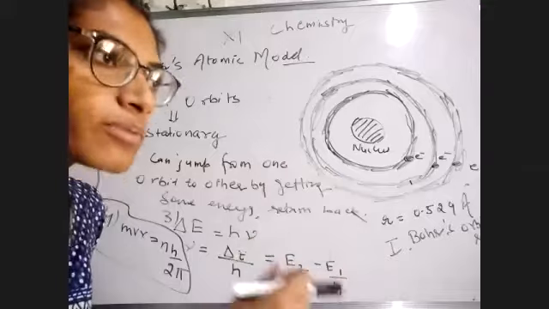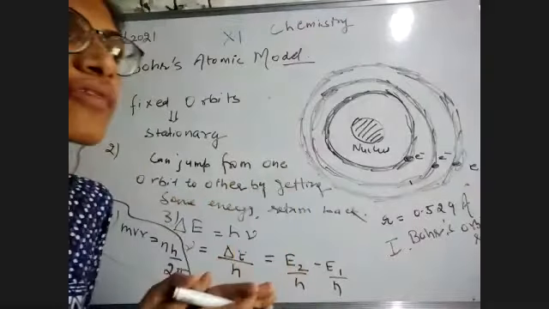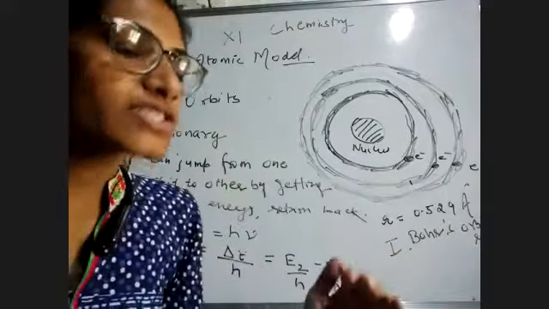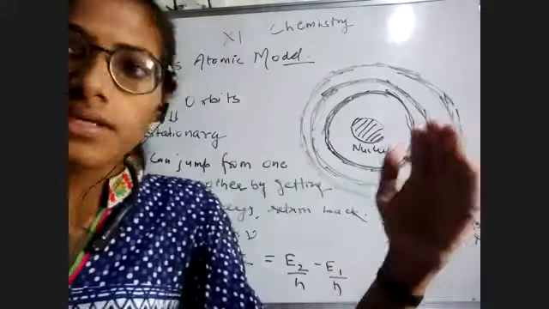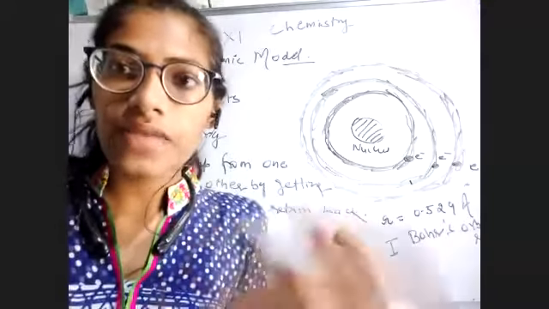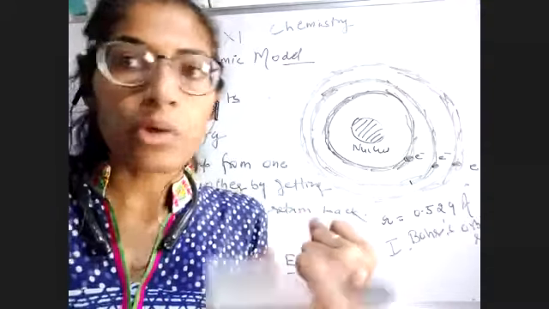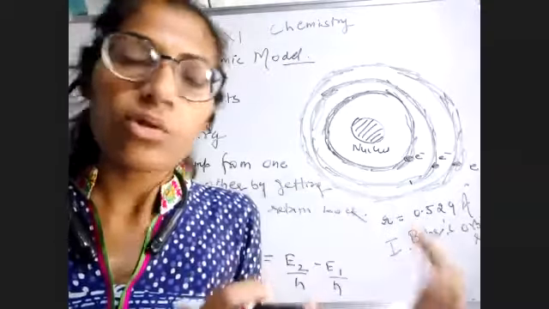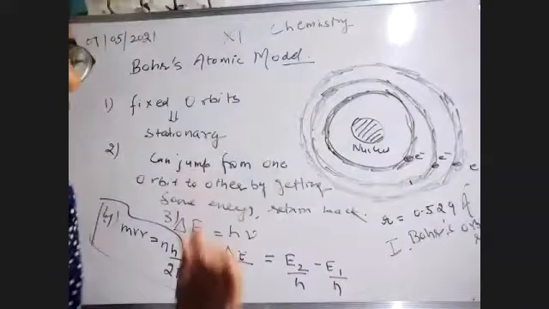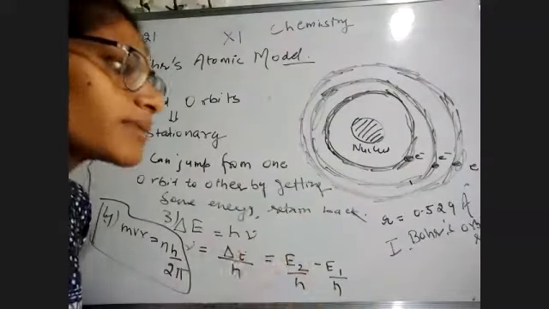The orbits are not moving; they have a fixed kind of energy. And these electrons can jump from one orbit to another by getting some energy. If they lose that energy, because they cannot stay in an excited state for long, they easily come back to their original position.